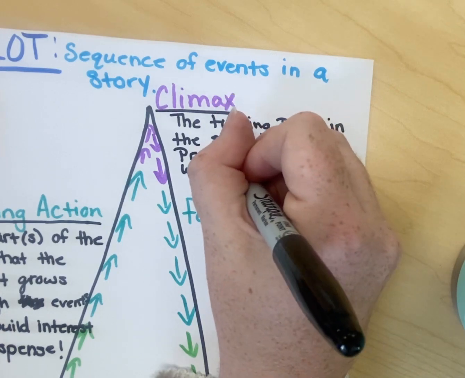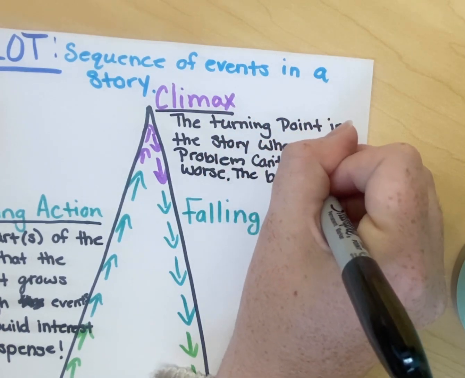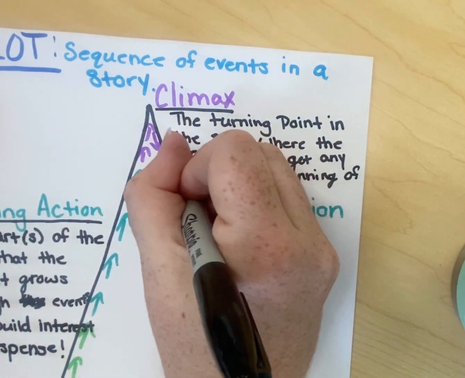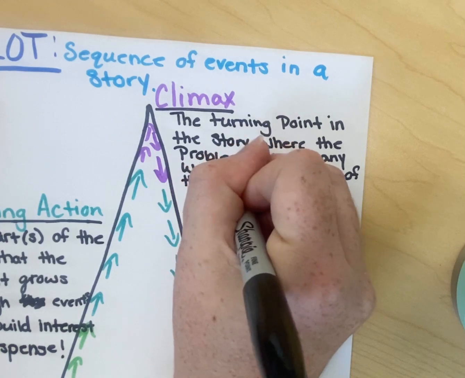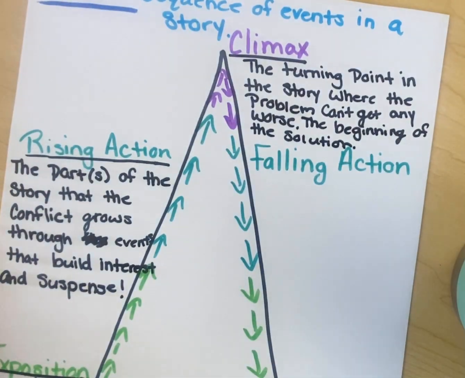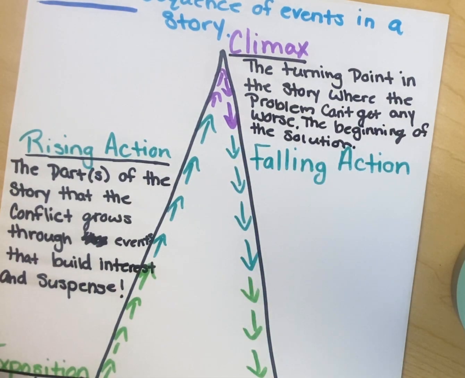It is also the beginning of the solution. So our climax is the turning point in the story where the problem can't get any worse, and is also the beginning of the solution.